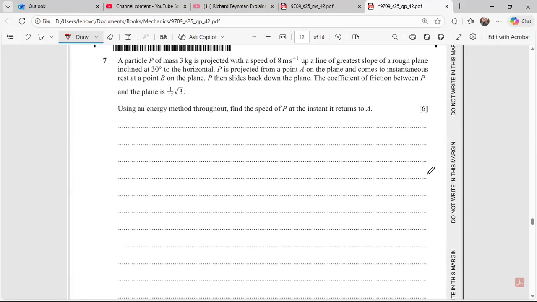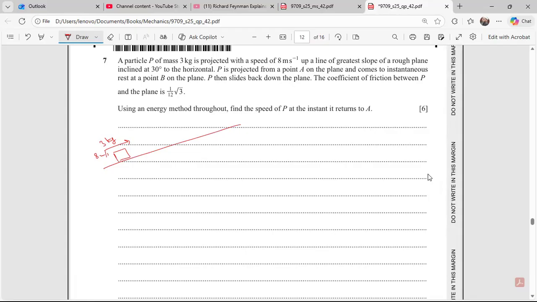Question number 7. This is also a very interesting problem. We have an inclined surface, and there was an object, its mass is 3 kilogram, and it was moving up with a speed of 8 meter per second.